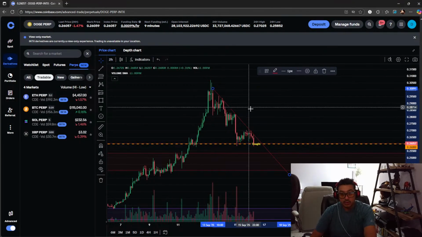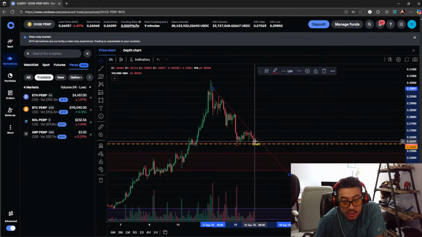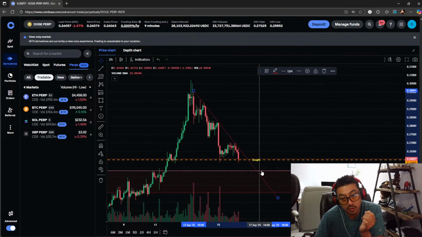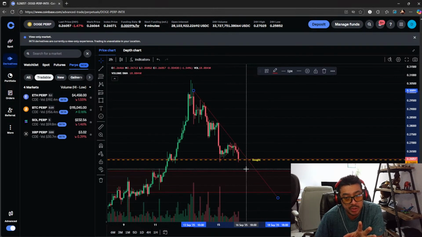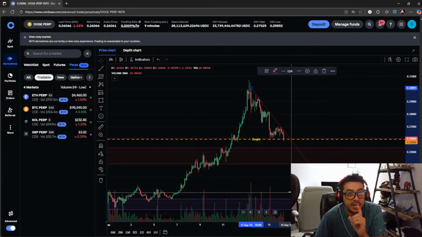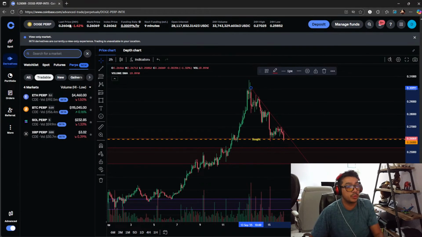So, right where I bought it, more than likely it might drop down one more time, which is nice, but I want to make sure it stays above this. If it breaks through this, more than likely it'll come back down to test this, and we can go in heavy. That'll be sweet.